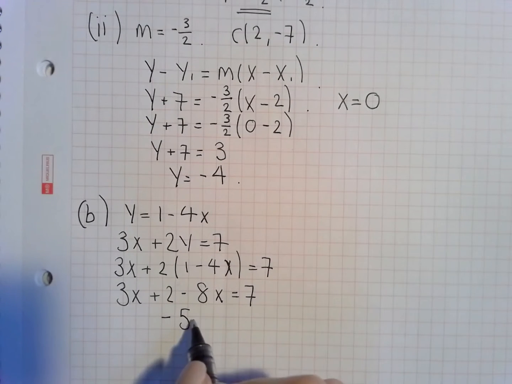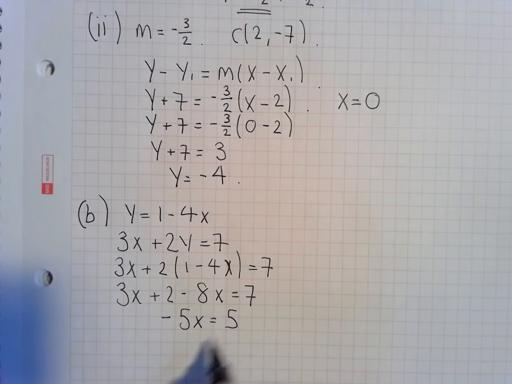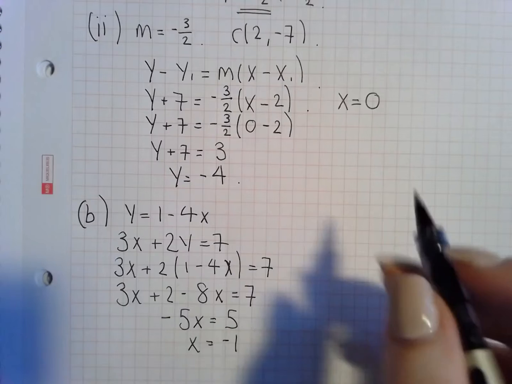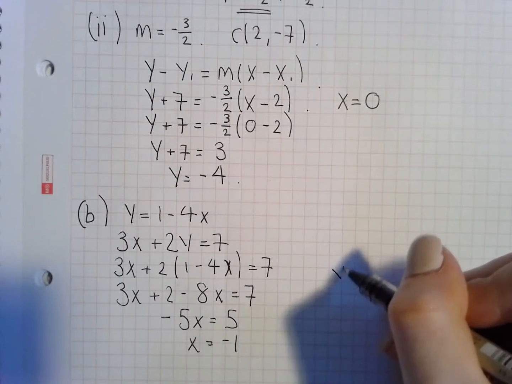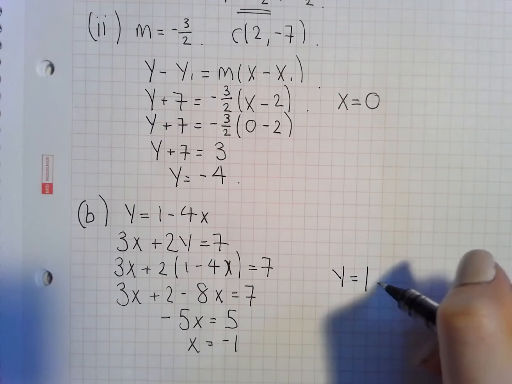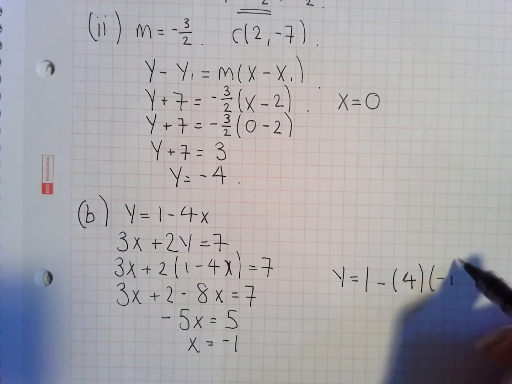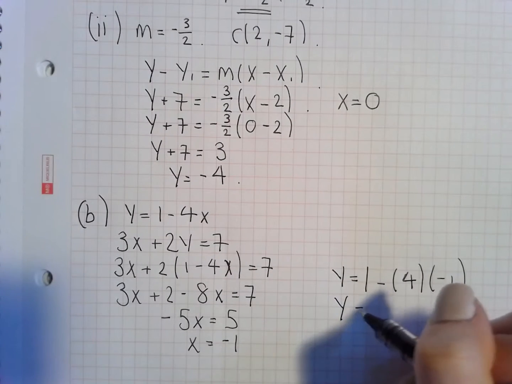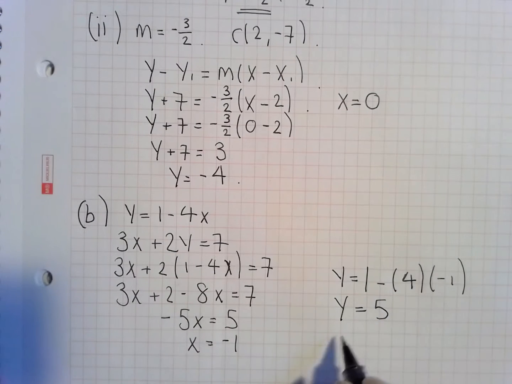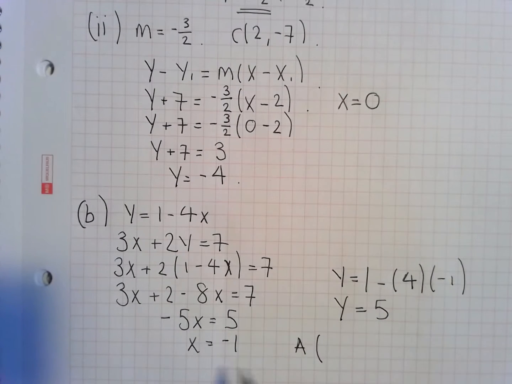Minus 5x equals 5, x equals minus 1. And then if we sub minus 1 into this, to find out y, we have y equals minus 4 times minus 1. So we have y equals 5. And so we know the coordinates of A are minus 1 and 5.